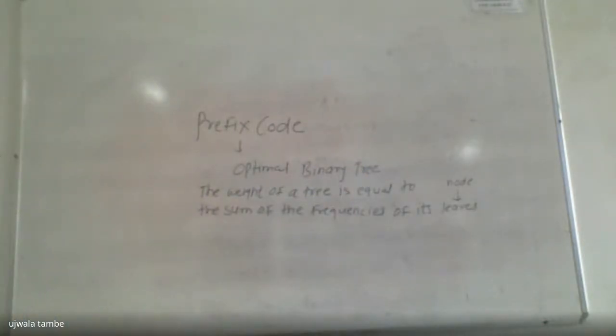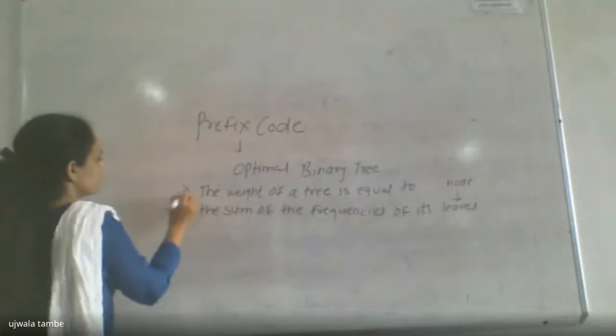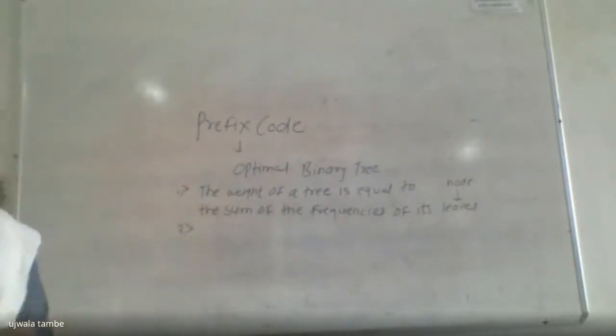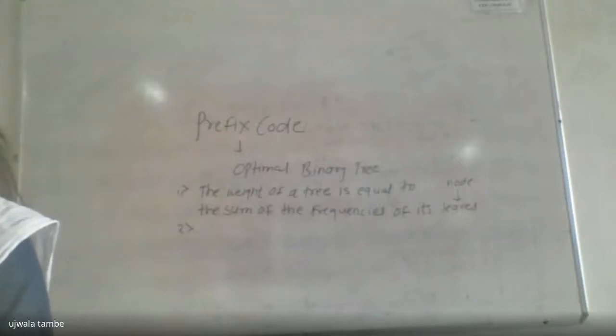Then write down the second step. Second step: select the two trees in the forest that have smallest weight.